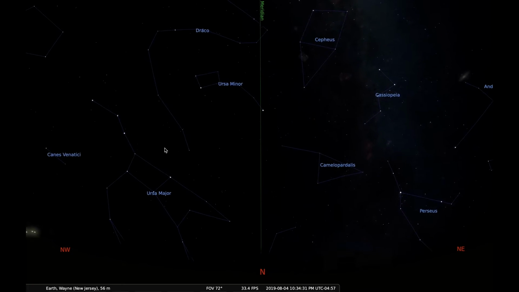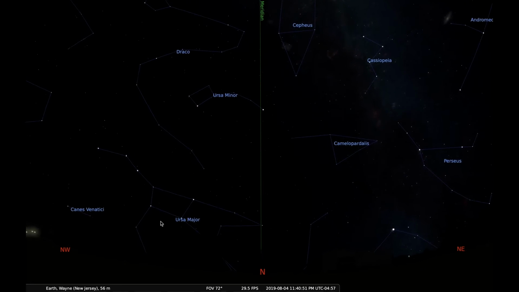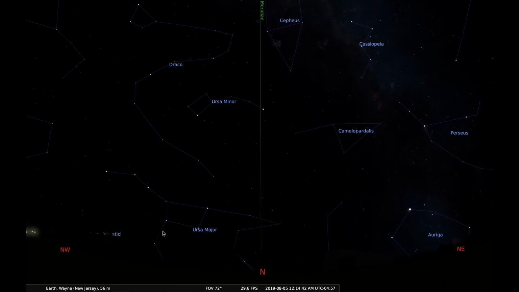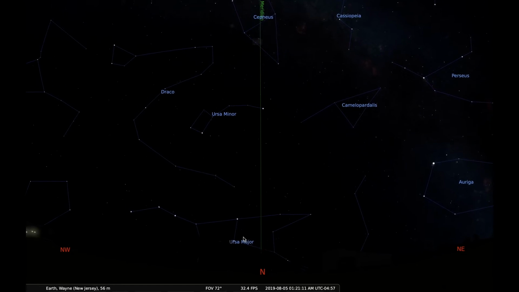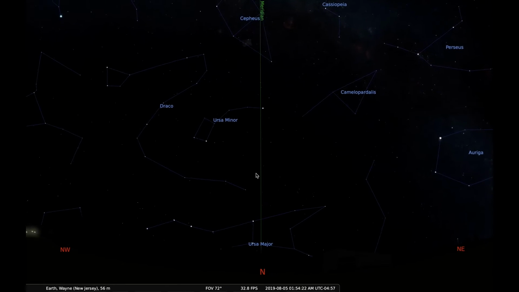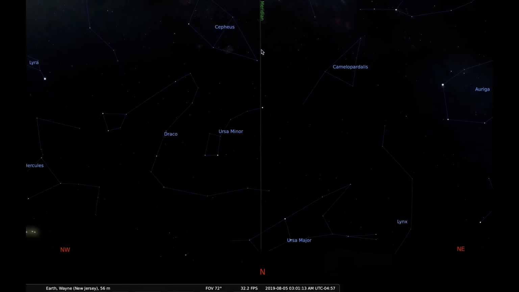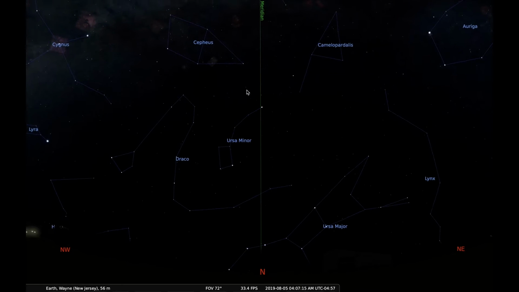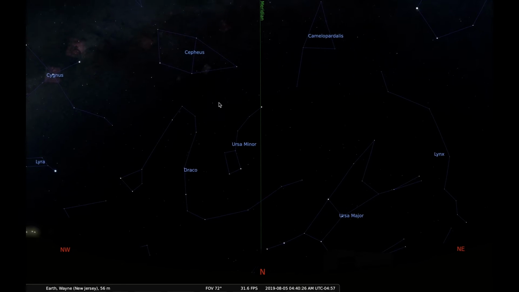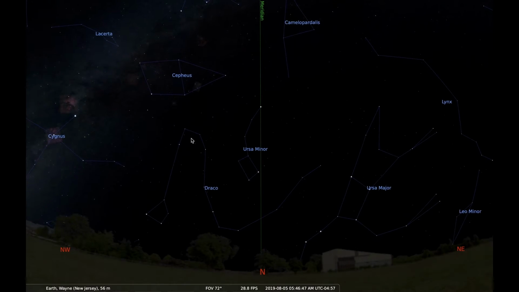Notice that the stars of Ursa Major, the Big Dipper particularly, look how low it gets to the horizon for people in Wayne, New Jersey. It never gets below the horizon. Such stars are called circumpolar stars. The stars of Ursa Minor are circumpolar. The star Errai in Cepheus is circumpolar, meaning they go around the North Celestial Pole and they never set.